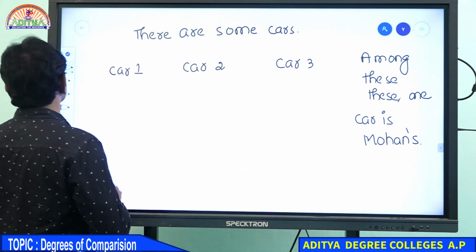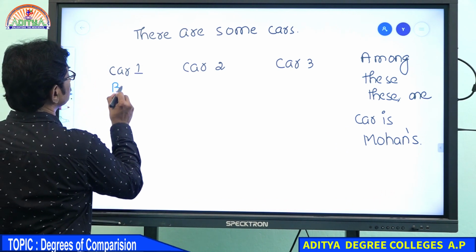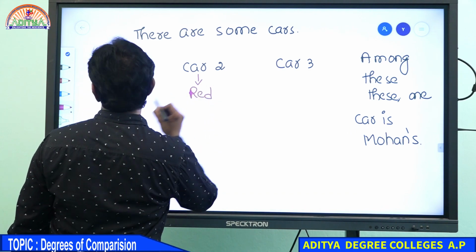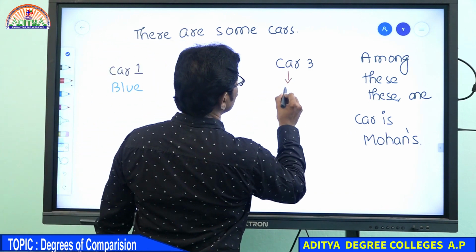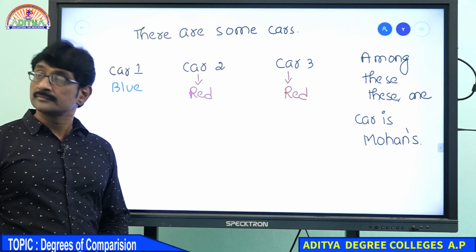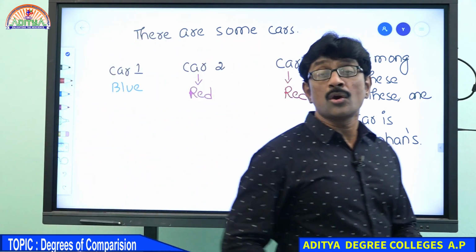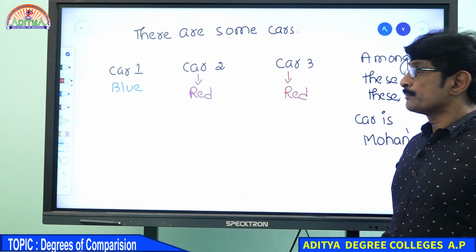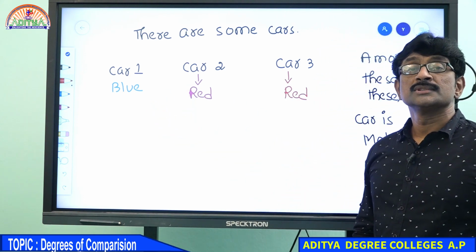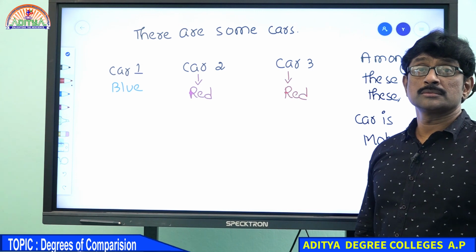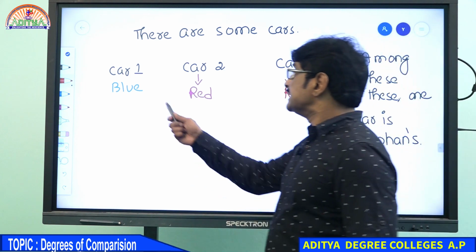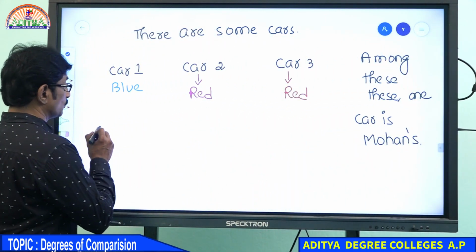So how can you? One car is blue. Next car is red. Next car is thick red. So like this. 3 cars are there. So Mohan's car is blue. You want to drive Mohan's car. It is blue. Then you will take the blue car.